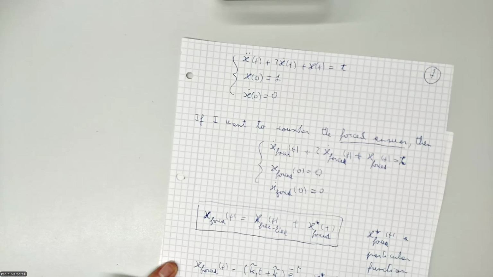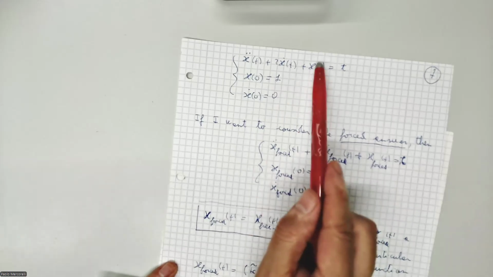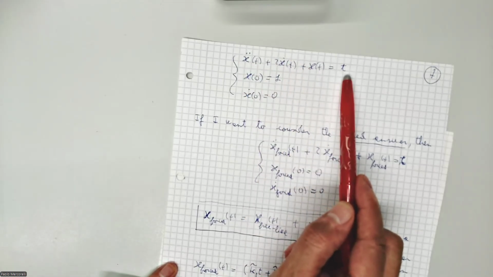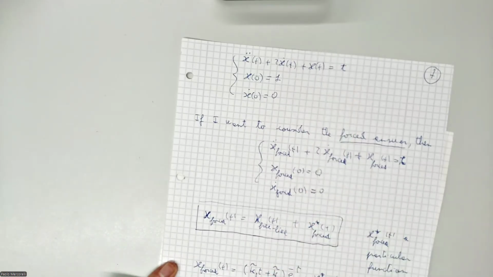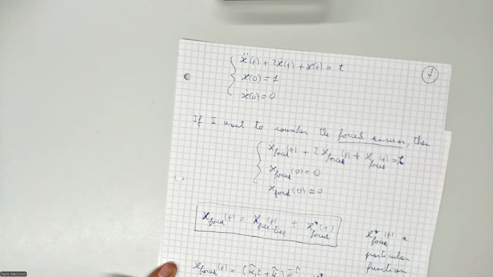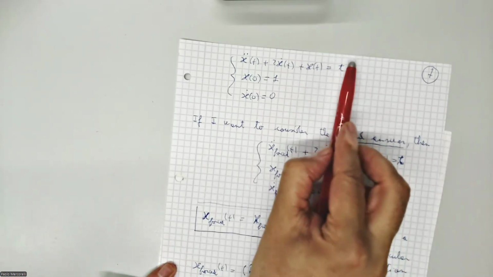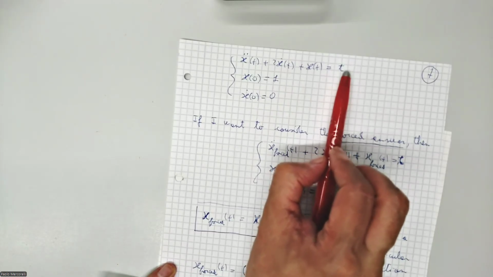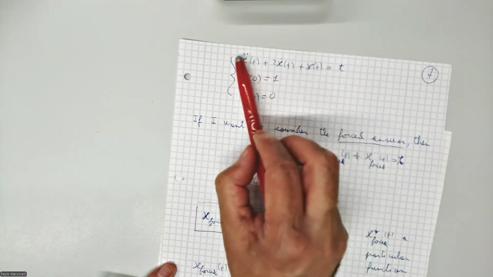The combination of a polynomial with this combination must be equal to t. Remember the idea is to start with x equal t. Why not? Because we assume that the forcing signal is reflected in the solution.